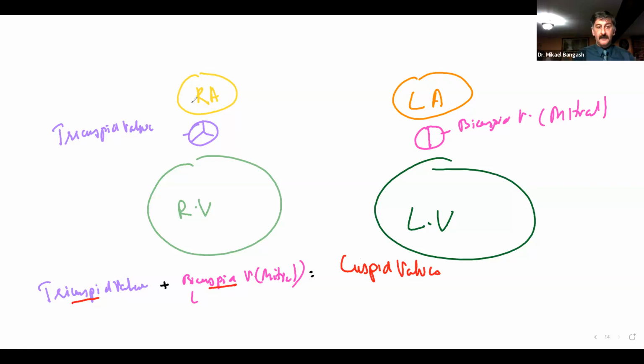But these valves in between the atria and ventricle can be called the cuspid valves, because you find the term cuspid in their names. Did that make sense? Good.